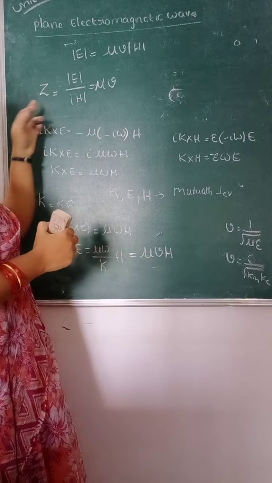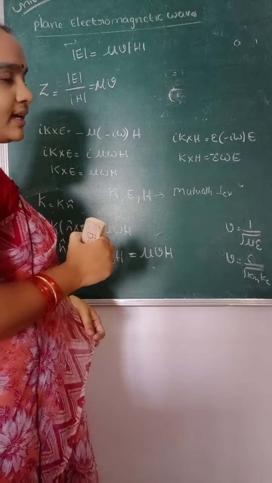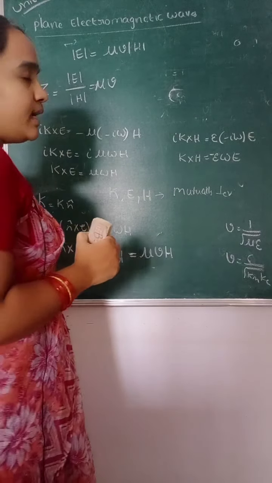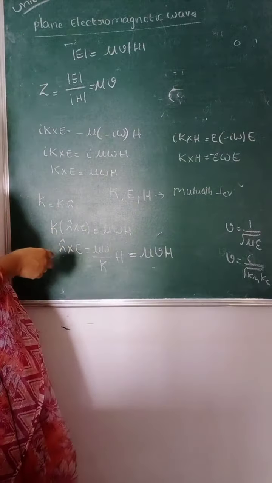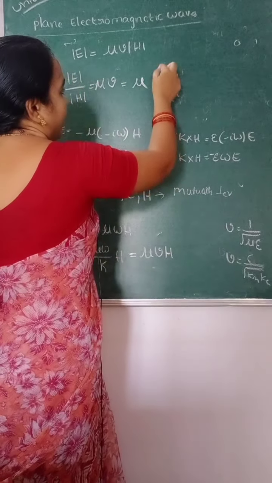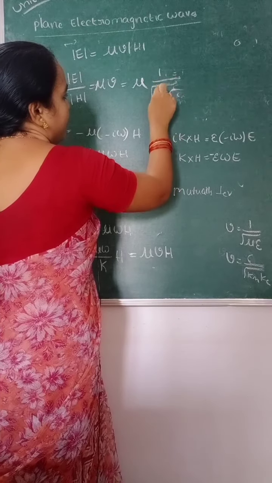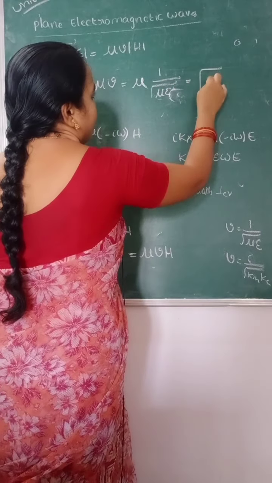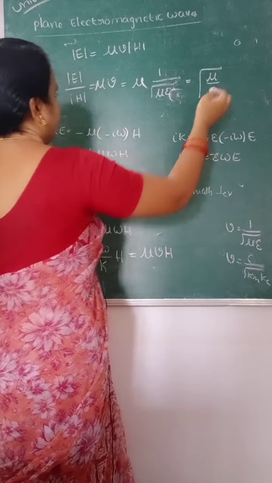So Z is the impedance of the plane electromagnetic wave because it has the units of impedance or resistance. So mu times v, what is v? 1 by root of mu into epsilon. So one mu gets cancelled, root of mu by epsilon.